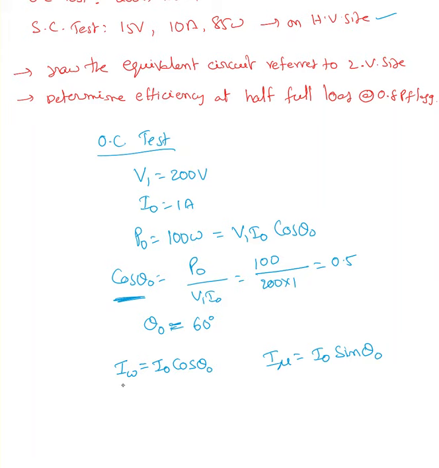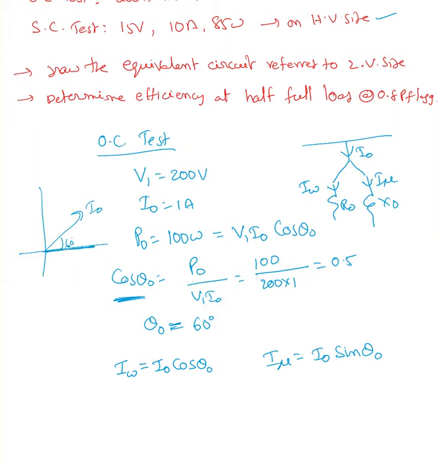So now I can find IW, which is the current passing through that resistance. If you look here, this is R0 and X0, or RC and XM. This is I0, but the current flowing here is IW and the current flowing here is I mu. Basically, if I draw the vector diagram, here is my I0 with a certain angle, which is 60 degrees in this case.